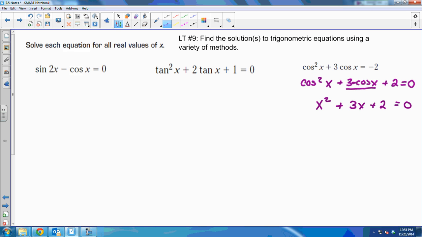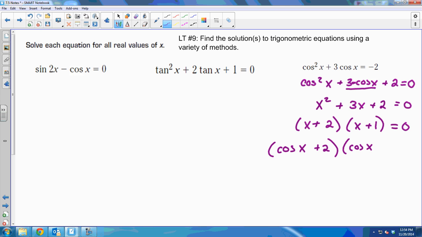So what two values multiply to give you 2 but add to 3? You'd have x plus 2 and x plus 1, but we're actually talking about cosine x's. You don't really need to have that multiplication dot written down. You can, but you don't have to.